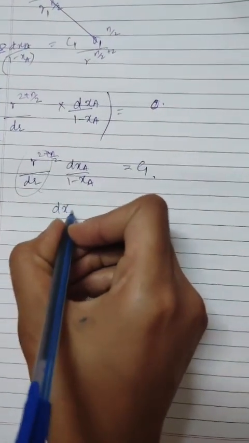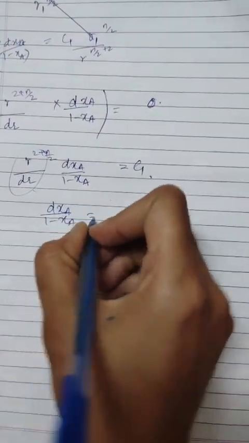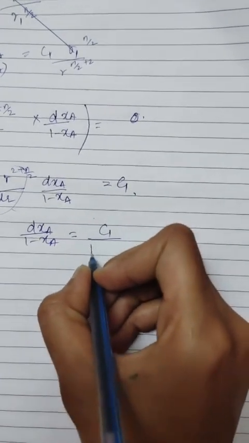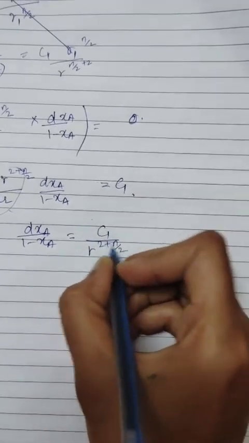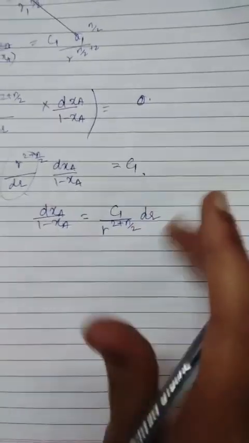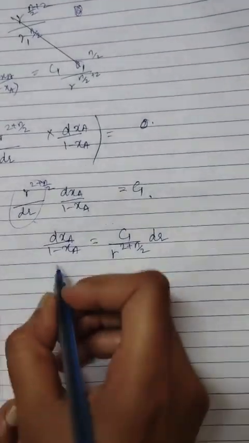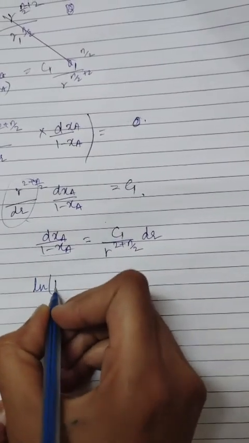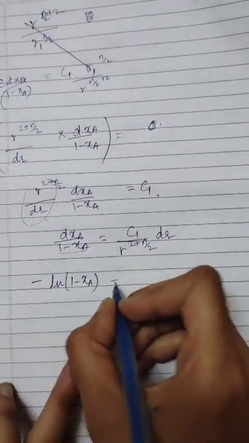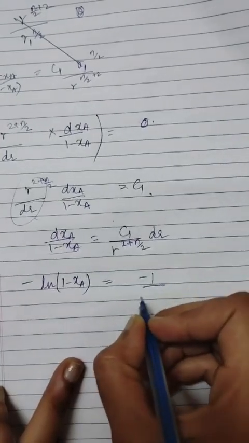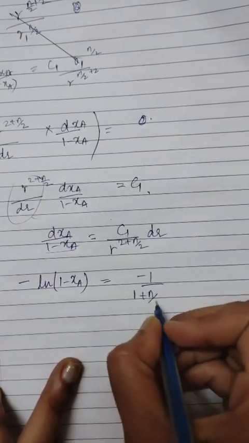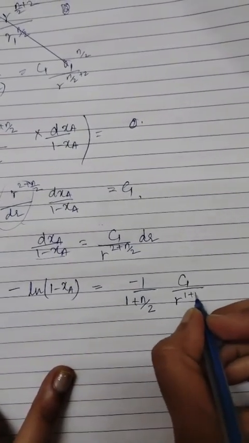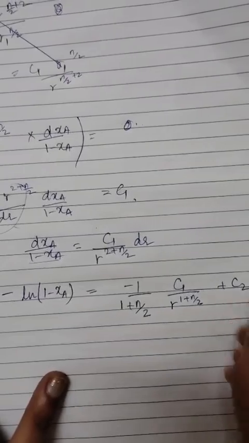That will be dX_A upon 1 minus X_A is equal to C1 upon r raised to 2 plus n by 2 dr. Now again integrating it, the LHS will be minus ln of 1 minus X_A, and the RHS is minus 1 upon 1 plus n by 2 into C1 r to the power 1 plus n by 2 plus C2.